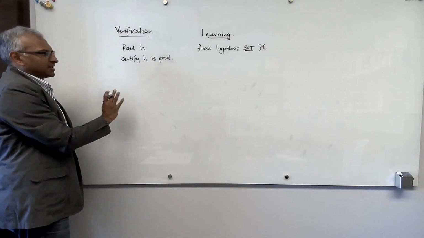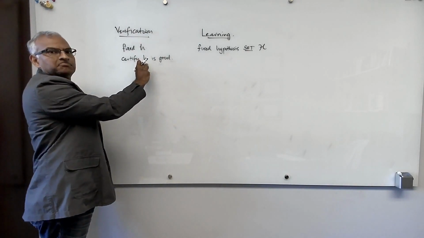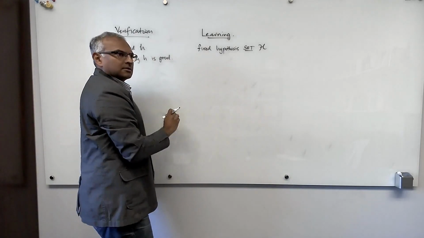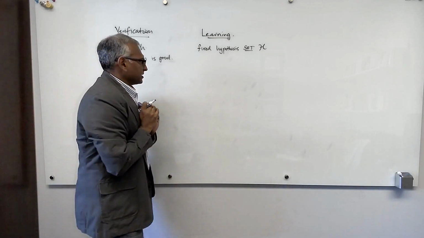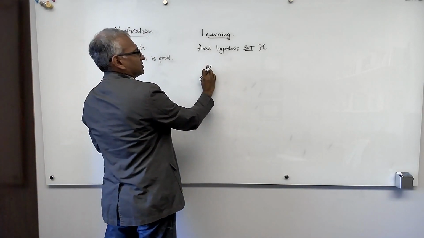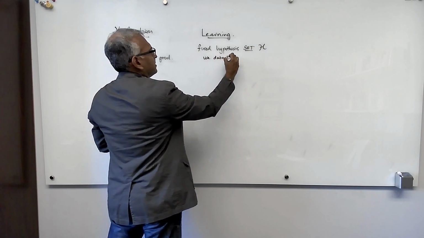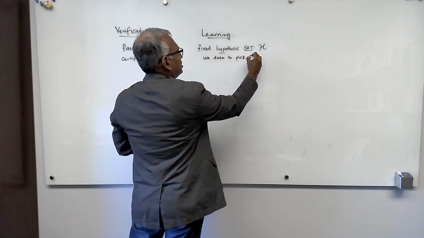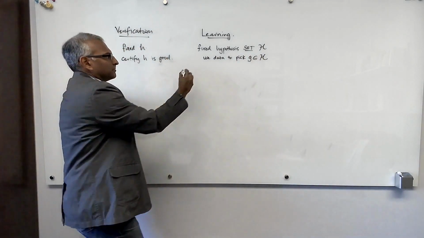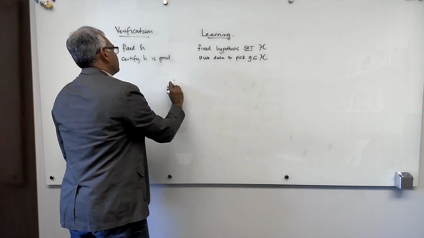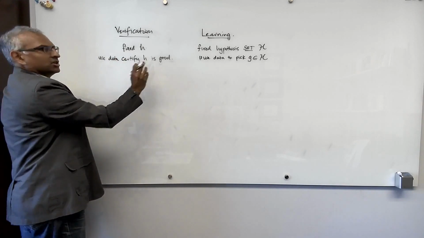So let me emphasize here, in verification the data is only used to certify H. In learning, the data has two uses. That is the complication. So the first thing the data is used for is to pick G from H. And then the second thing you use the data for, so here we use the data to certify that H is good.